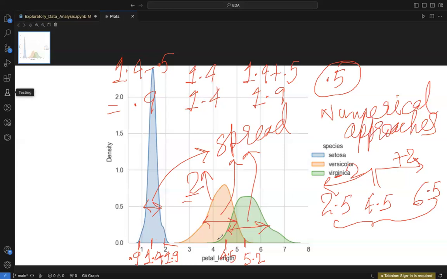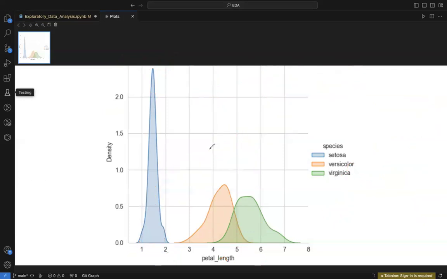There is something called the variance of a bunch of numbers. To understand the variance, let's erase this.